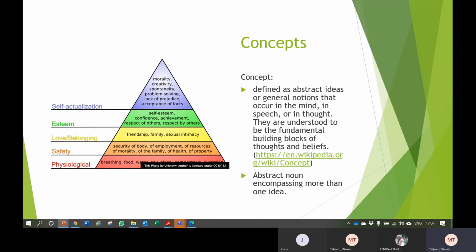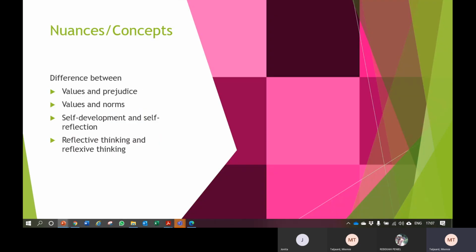Now, from the concepts, we go to nuances, because concepts are often so close together. And I read through your instructions, and I want you to think in terms of these concepts.